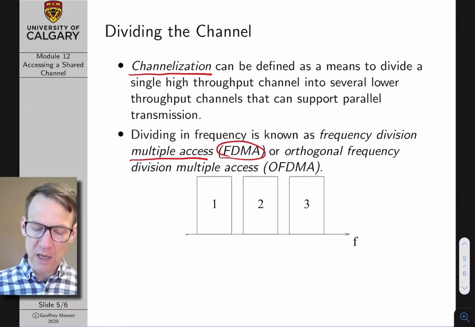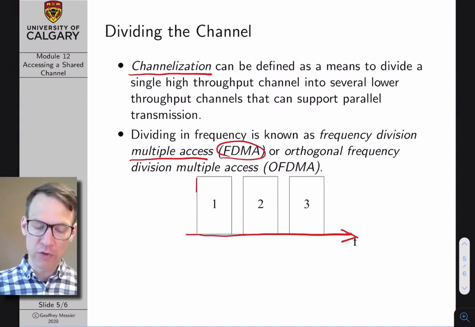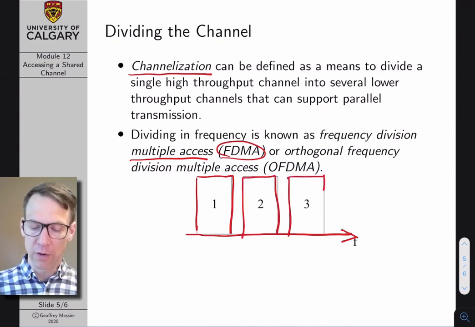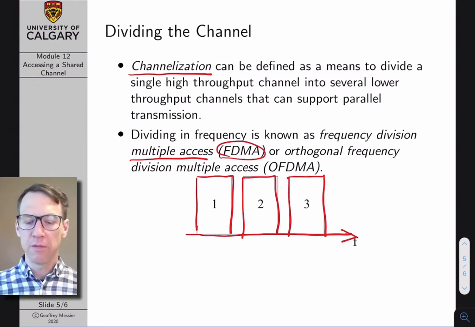Essentially, we take the shared channel in the frequency domain and chop it up, and give one range of frequencies to user number 1, another range to user number 2, and a third range to user number 3. This is done in cellular telephone systems, in those family band radios that people sometimes use on the ski hill, and it was done with old CB radios as well.